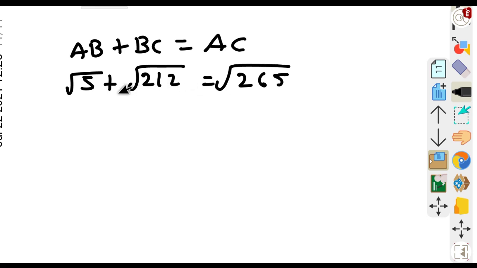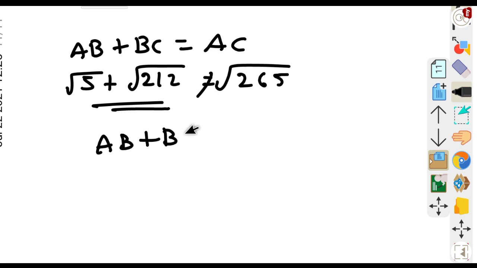So therefore we can say directly, if you add the AB plus BC, the answer will be this much. So therefore this is not equals to AC. So directly we can write AB plus BC is not equals to AC. So therefore hence the points A, B and C are not collinear points.